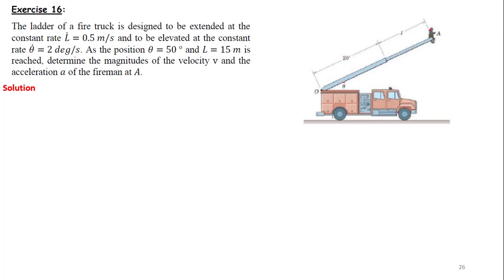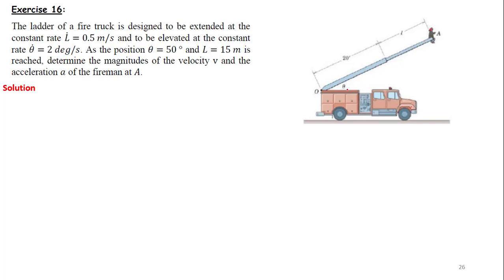So we can see that the ladder here can be extended. First, we can see from the figure that we have a fixed length here. This length can be extended by L, to reach a certain floor, for example.